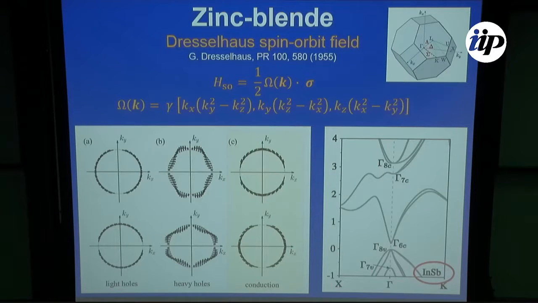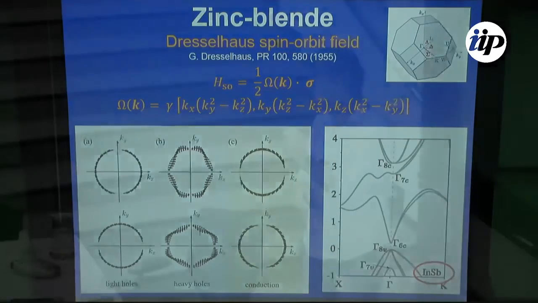So for example, if you go along 0, 0, 1, so only kz is non-zero, but all other kx, ky are 0, you get 0, right? If you go along 1, 1, 1, all of them are the same. This is 0, this is 0, this is 0, you get 0.